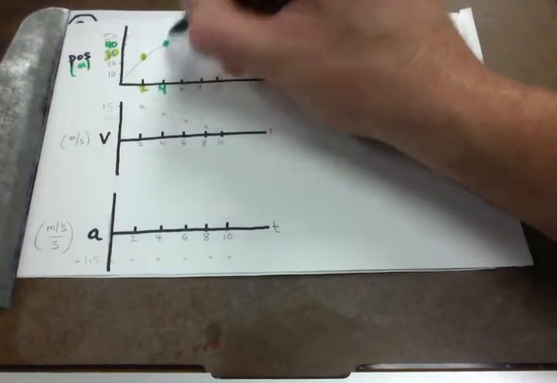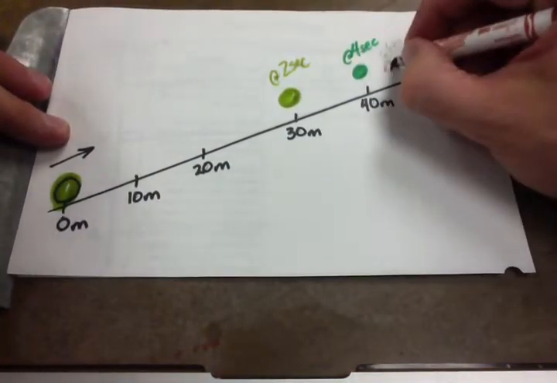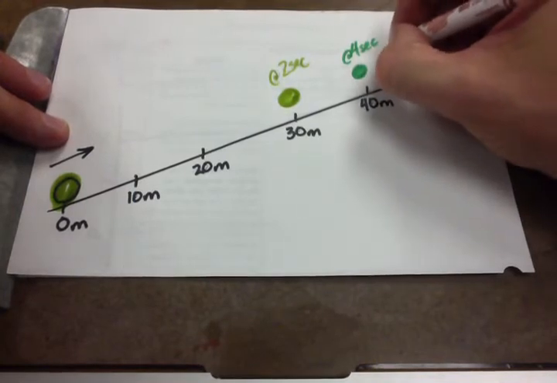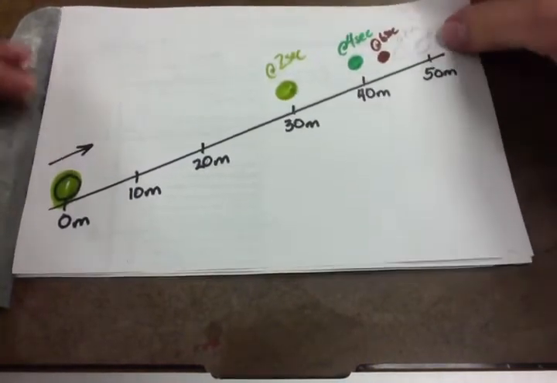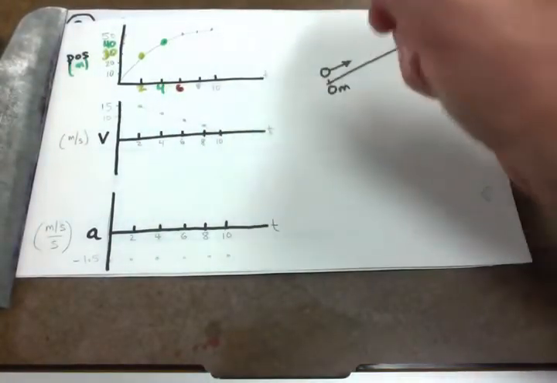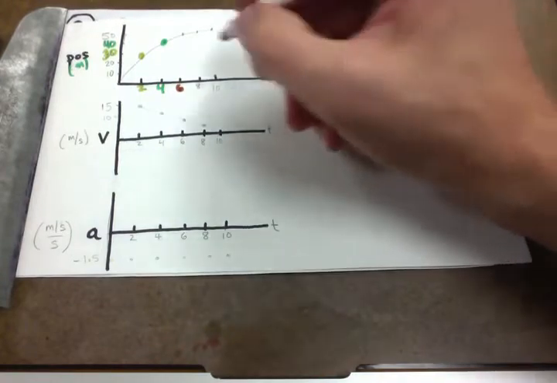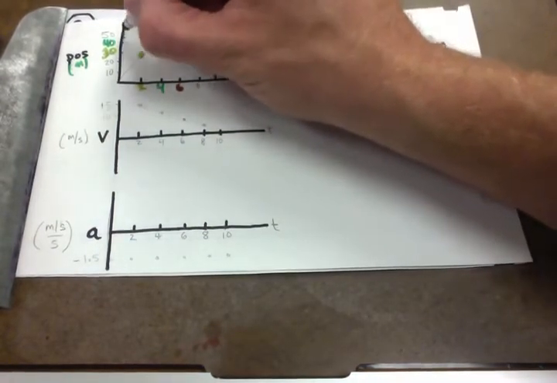Now it's really starting to slow down. So it gets about there, and let's say that's at about 6 seconds or so. So I'll put that mark on my graph. Again, these are times. At 6 seconds, it's really not much further, maybe just beyond that 40 mark.